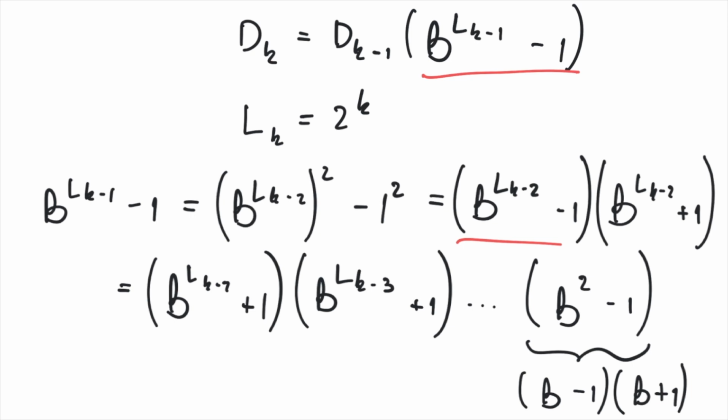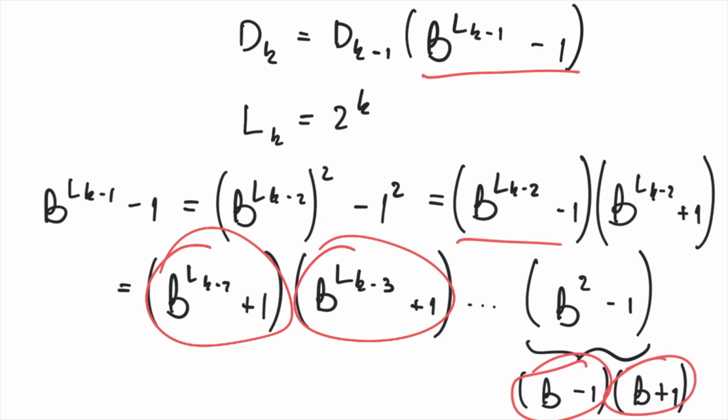Now, because b is odd, the base should be odd, because otherwise powers of the base will already have large powers of 2, and our whole hash won't work. So because b is odd, this term is even, this term is even, and so on for each term in this product, which then means that we have at least, probably more, a power of 2 to the k minus 1, if you just count the number of factors that we have in this product.